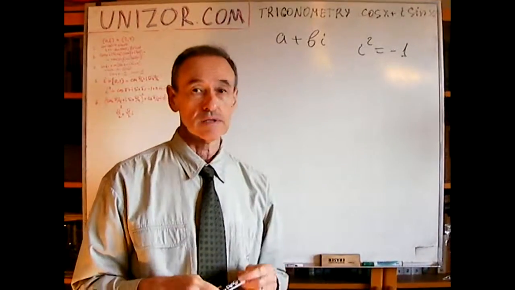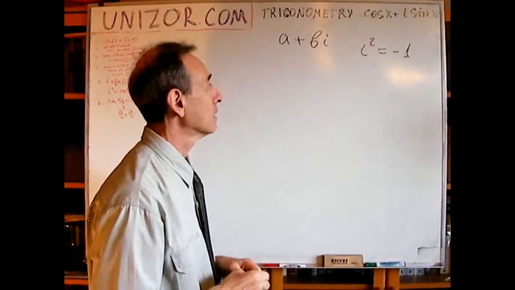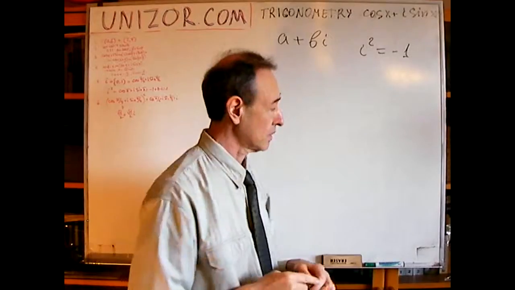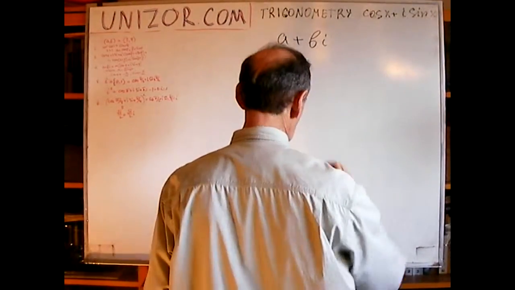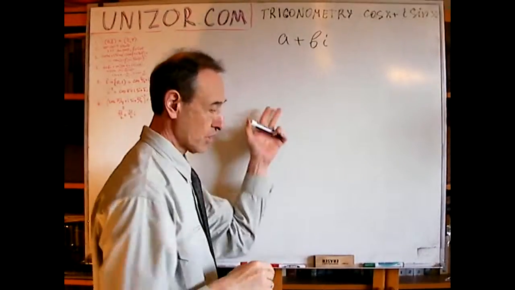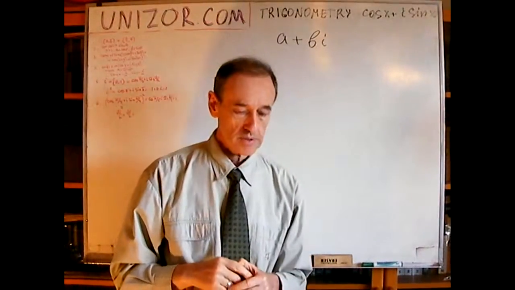They invented this number i, the square of which is equal to -1. So these are the numbers which we call complex numbers.